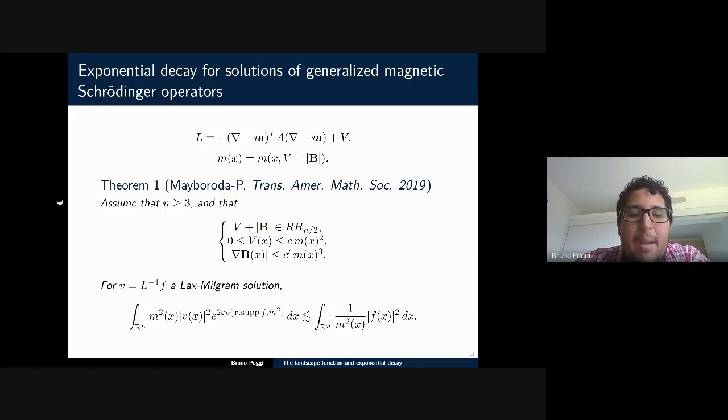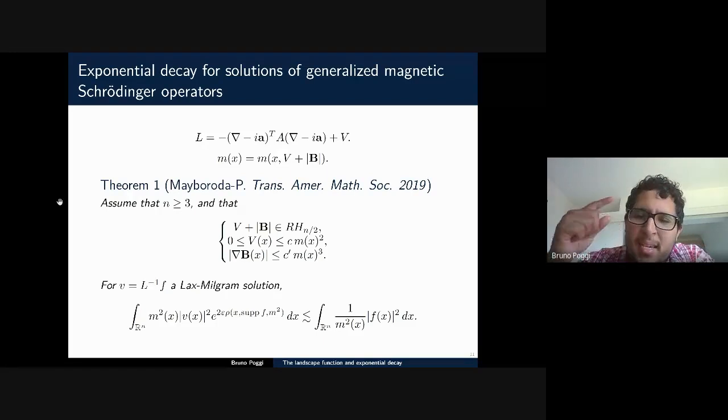And we take this assumption. The assumption that V plus B is in the reverse Hölder class is a natural assumption to make, because that's the assumption so that the Fefferman-Phong maximal function will behave nicely.